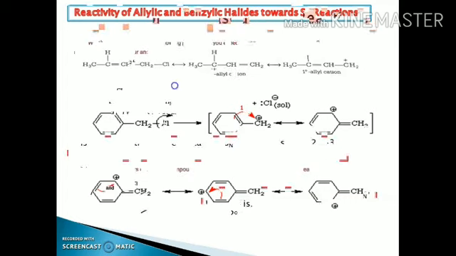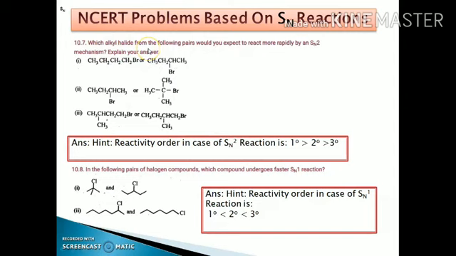From your NCERT book: which alkyl halide from the following pair would you expect to react more rapidly by an SN2 mechanism? Explain your answer. In this part, I will give you only a hint. Write the answer by yourself. In the first case, this is the primary alkyl halide and this is the secondary alkyl halide.